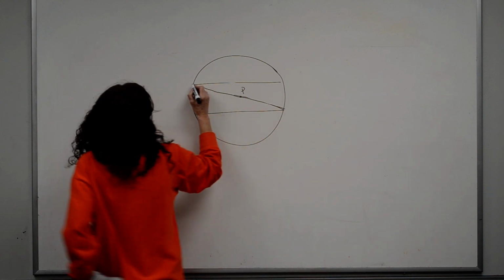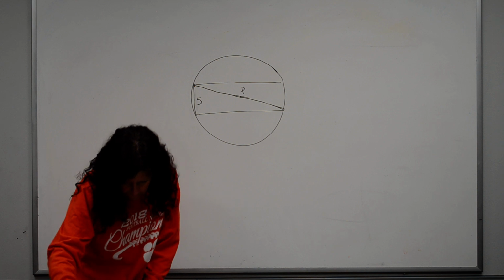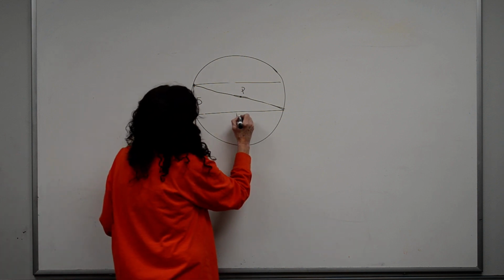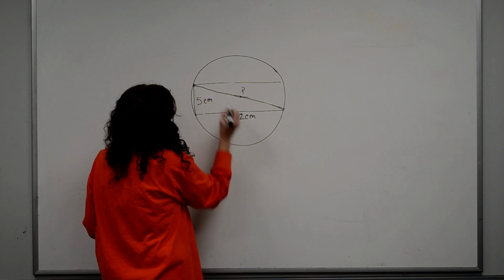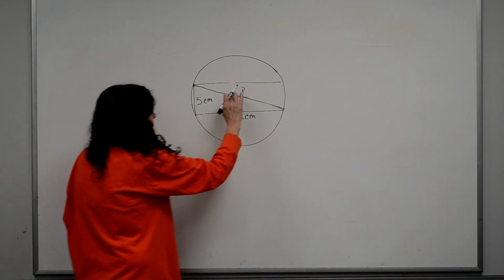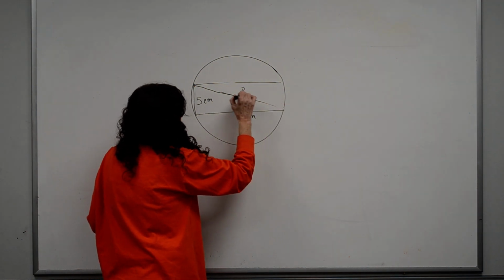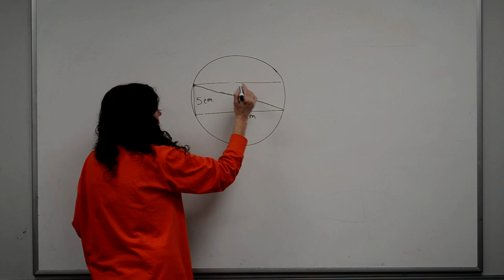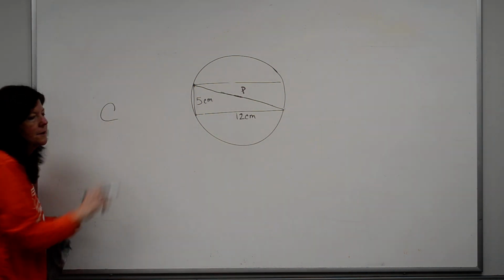Wow, I'm struggling drawing it. Okay. This is a straight line through the center of the circle right there. This is circle P, and I want to know what the circumference of the circle is.